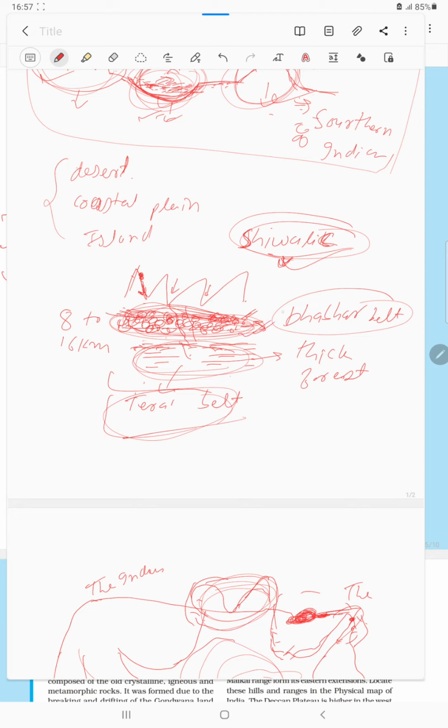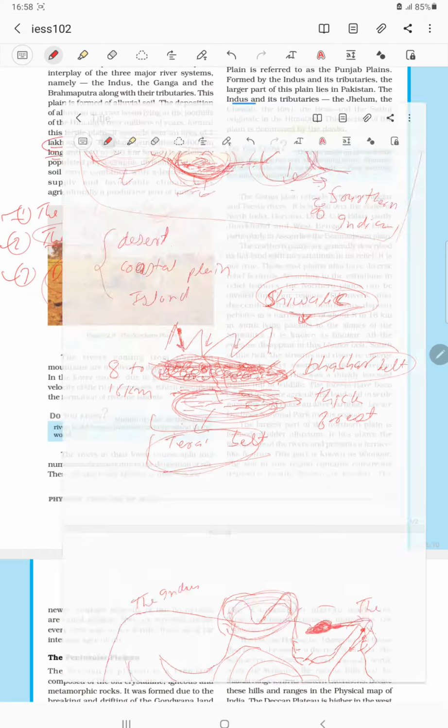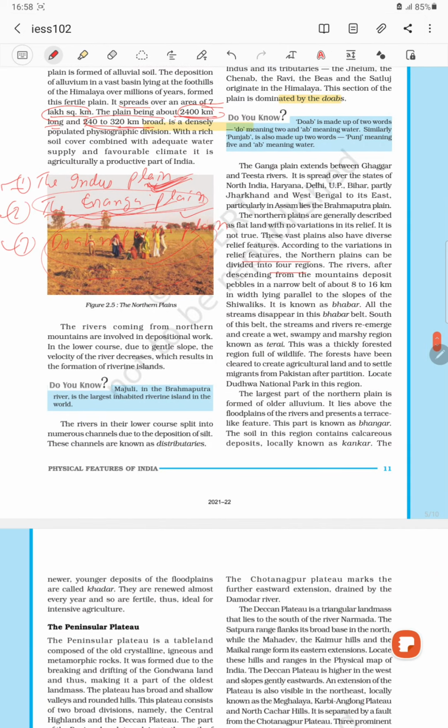After the Bhavar belt, these layers start to come outside, and that's why the region becomes a little bit swampy and suitable for forest. So this one is known as the Tarai belt. Clear? Bhavar and Tarai belt.